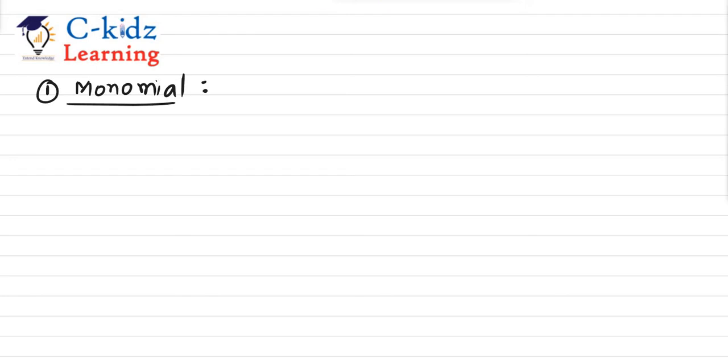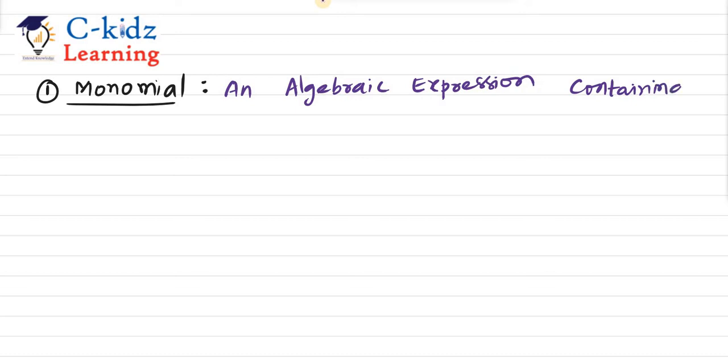An algebraic expression containing only one term is called a monomial.